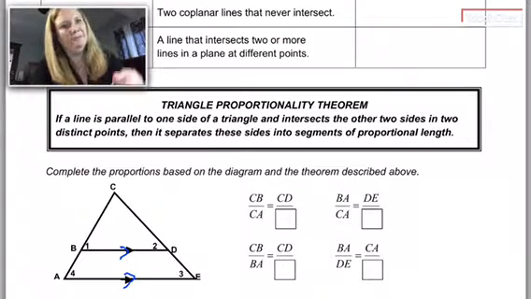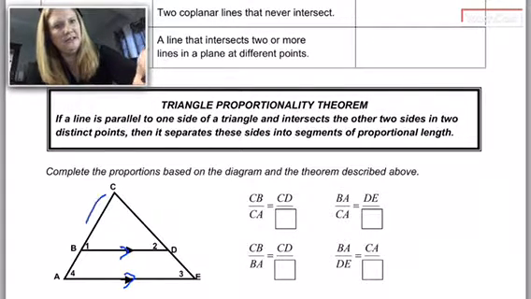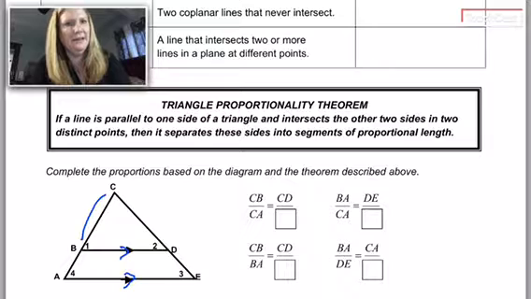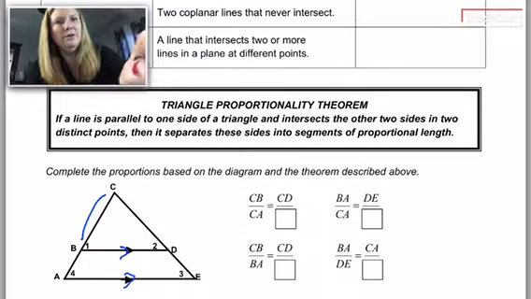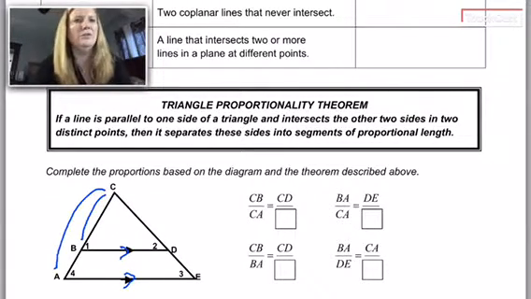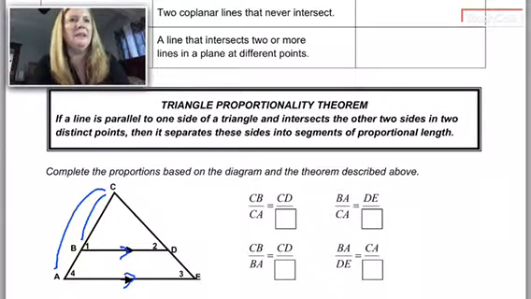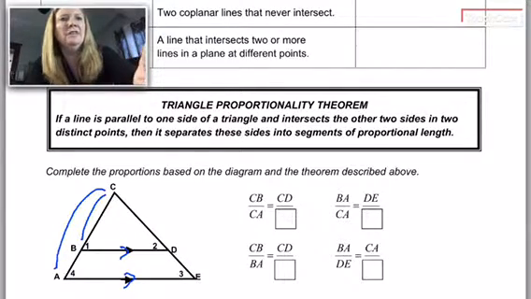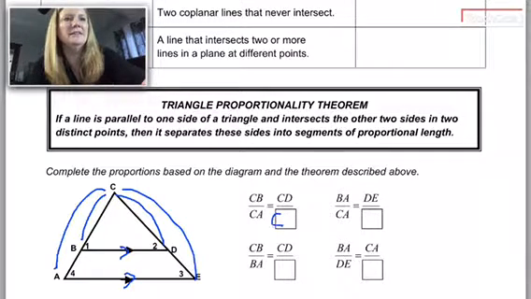So here are four of them. You can take the measurement of CB and put it over the whole side CA, and that's a ratio, and it would be equal to the measurement of the other side CD over the whole side CE.